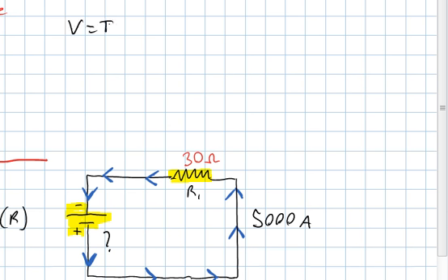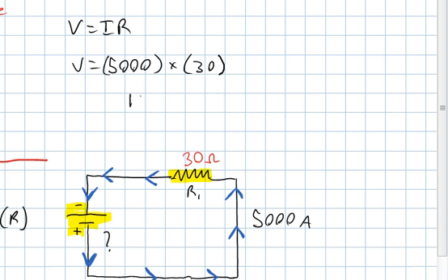V is equal to I times R. So we have V, which we don't know, which is equal to I, which is 5,000, multiplied by our resistance, which is 30. So we take 5,000 times 30. I probably could have just done that in my head, but whatever.